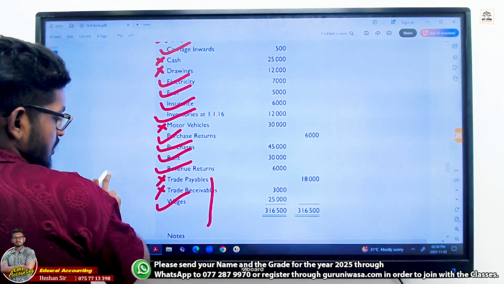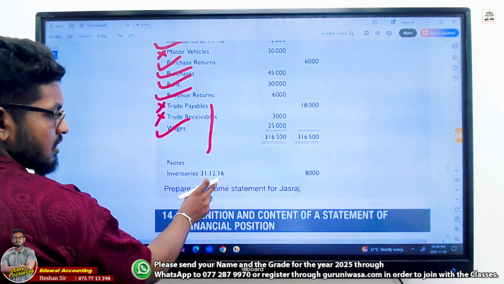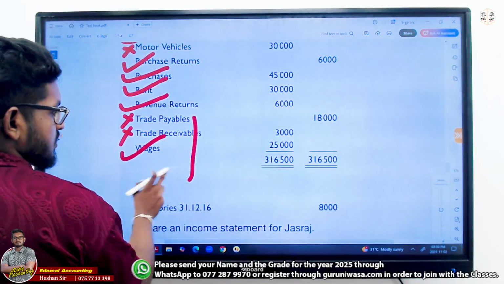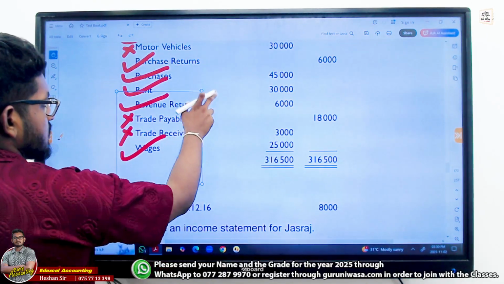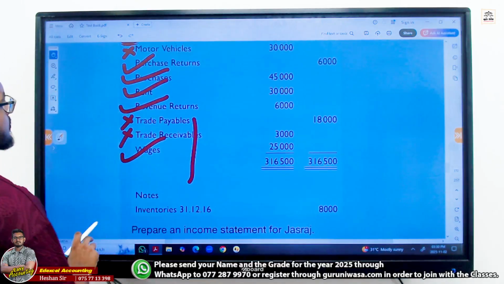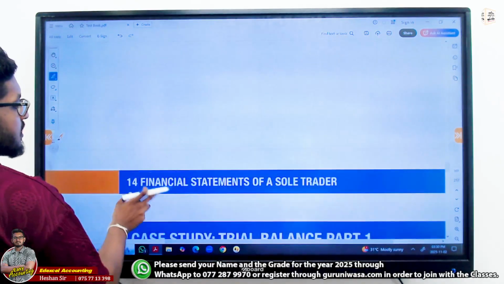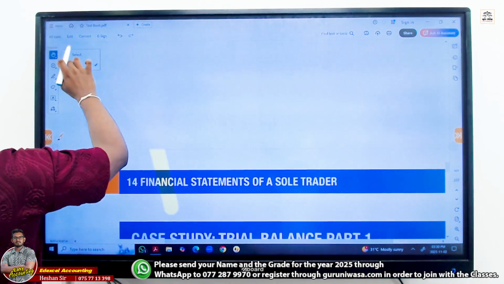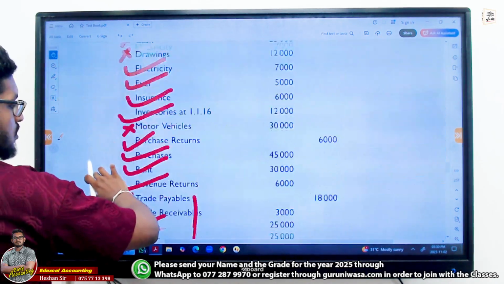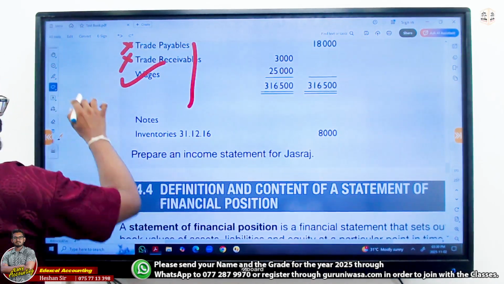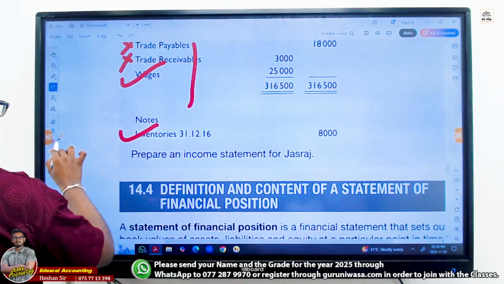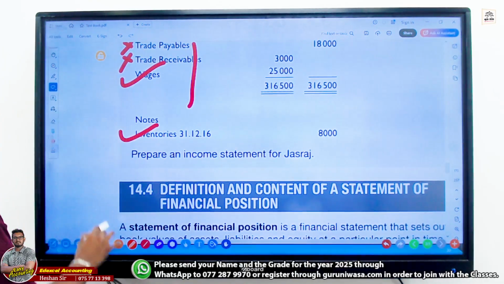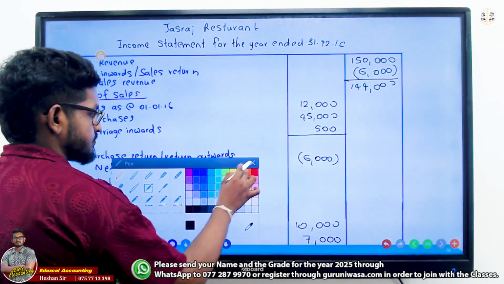How much? 8,000, right? So write it separately: closing stock 8,000. So closing stock comes under here.